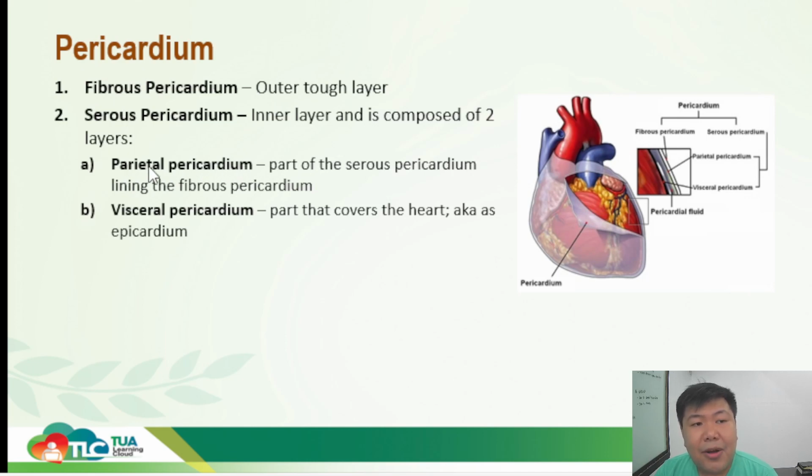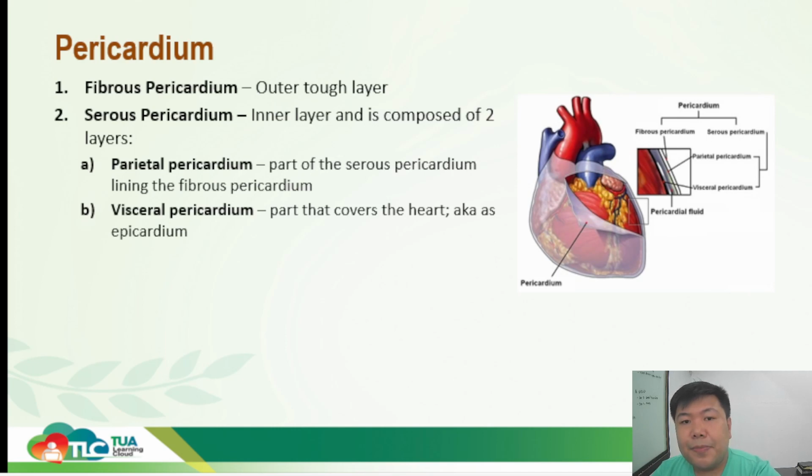Again, the parietal pericardium is the outer part of the serous pericardium, which lines or is continuous with the fibrous pericardium, while the visceral pericardium is the part of the serous pericardium that is attached to the heart itself. It is the part that covers the heart and is also known as the epicardium.